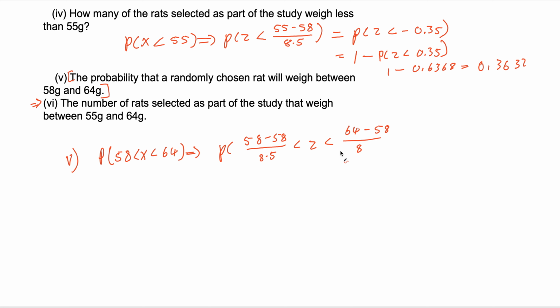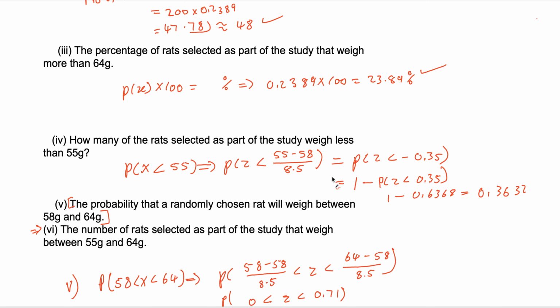Okay, so now this will be 0 less than Z less than 64. Upon that, that will give you 0.71, which we had in the first question.